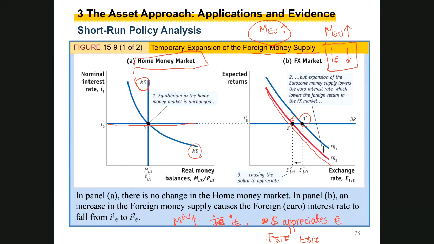It will drop, right? So this is the story that this graph tells you from 1 to 2, causing the dollar to appreciate against the euro, right?